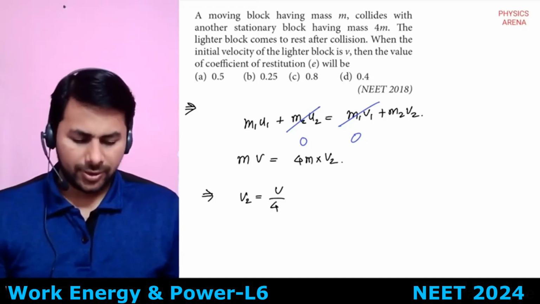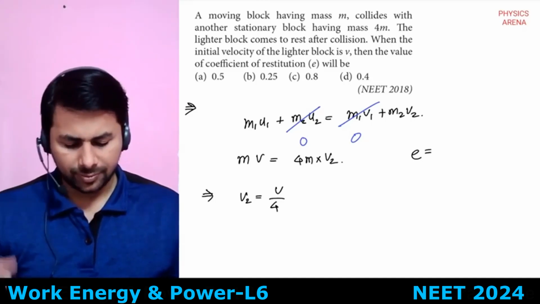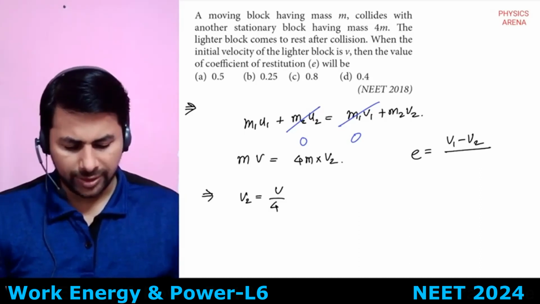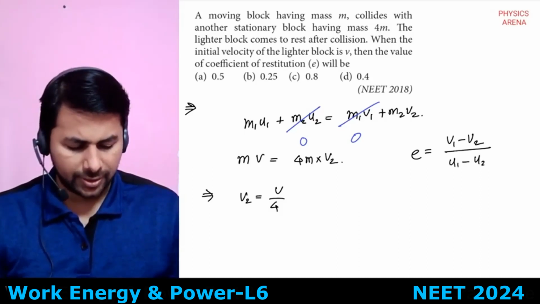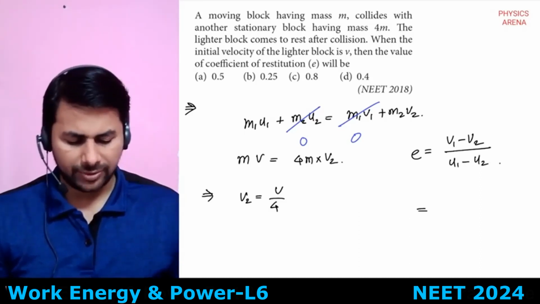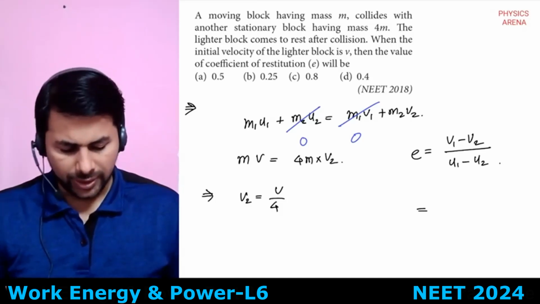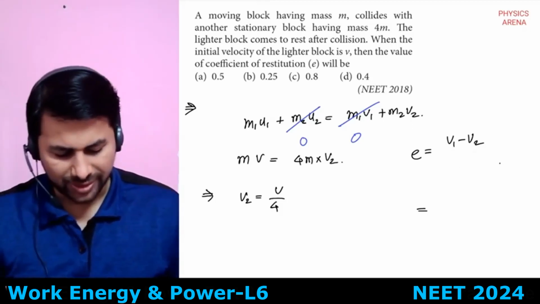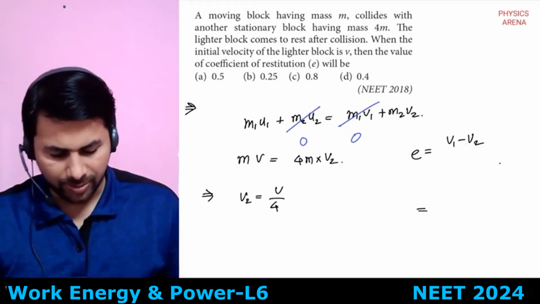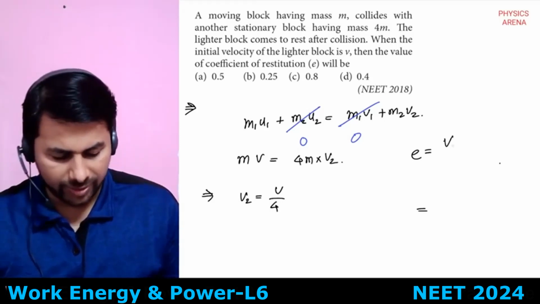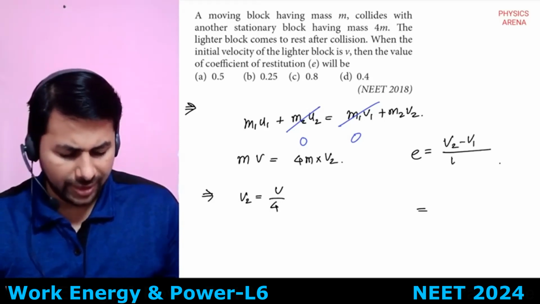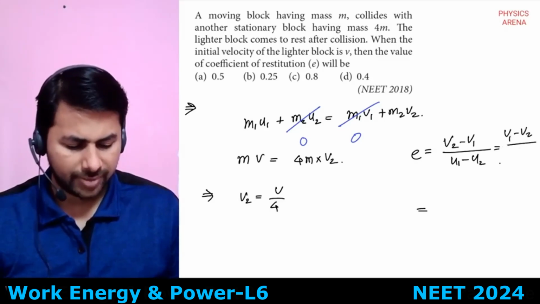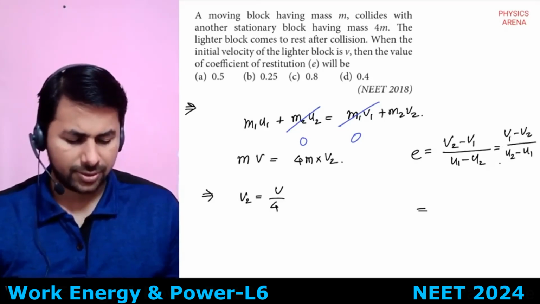Then e is equal to v1 minus v2 divided by u1 minus u2, or vice versa, v2 minus v1, divided by, oh, what did I do? I'm sorry. Here the order is opposite. It's v2 minus v1 divided by u1 minus u2, or you can say v1 minus v2 divided by u2 minus u1.